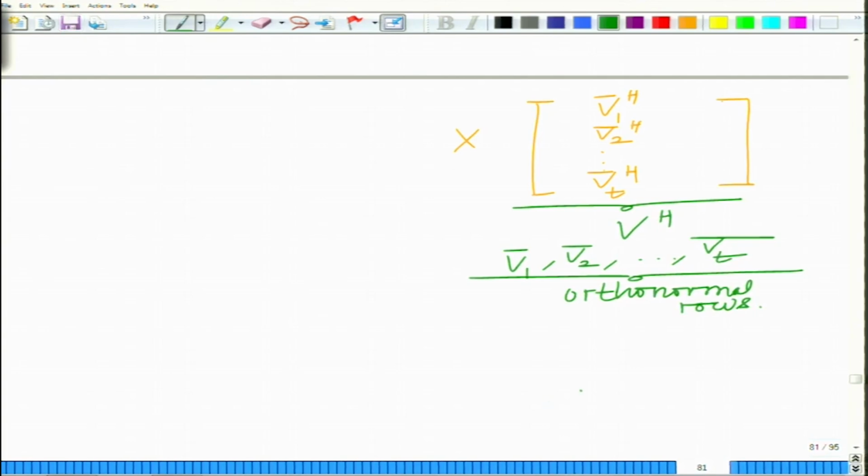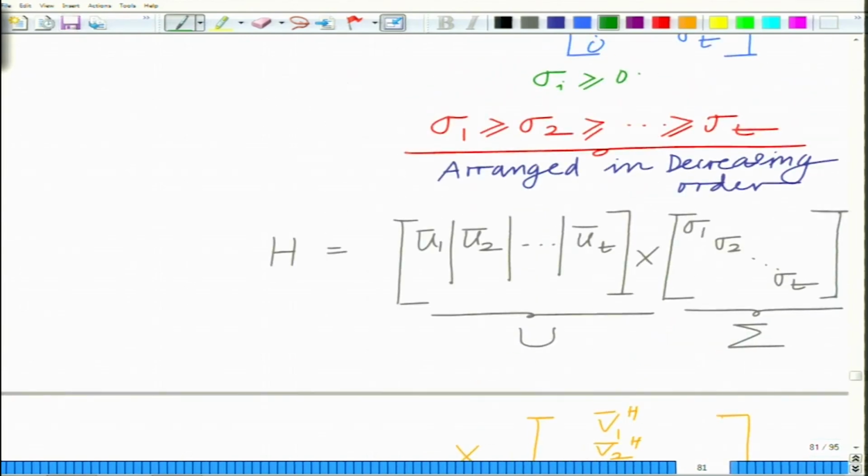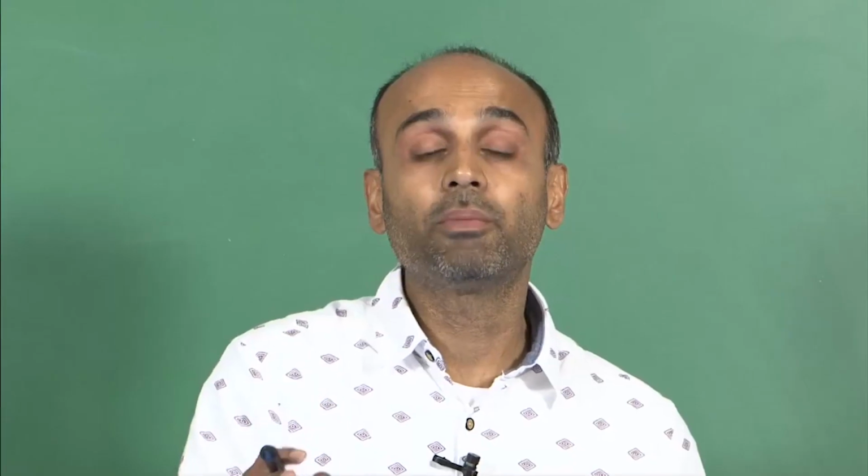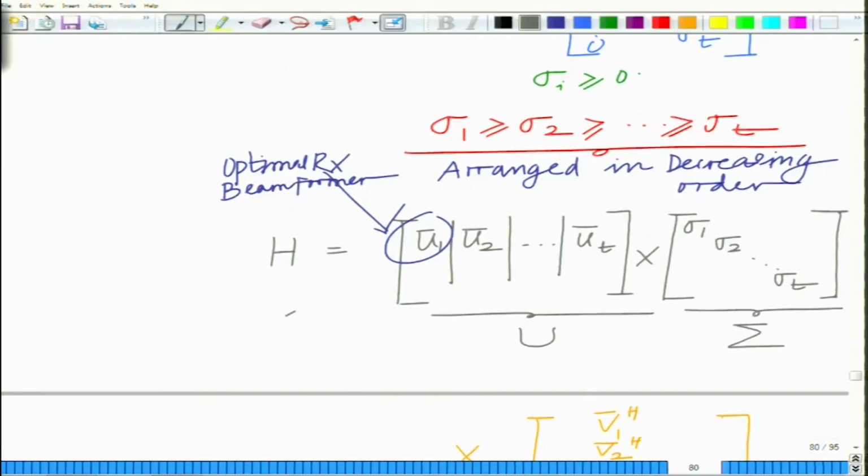Now, we have in fact seen this earlier. If you remember, U1 bar is the optimal receive beamformer for the MIMO system, as we mentioned briefly when we talked about MIMO. U1 bar is the principal eigenvector, that is, the eigenvector corresponding to the largest singular value of H Hermitian.